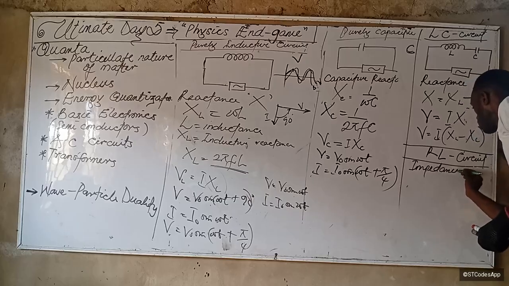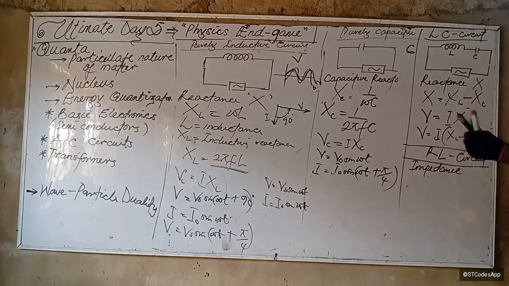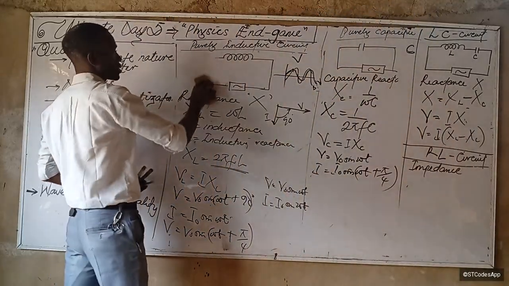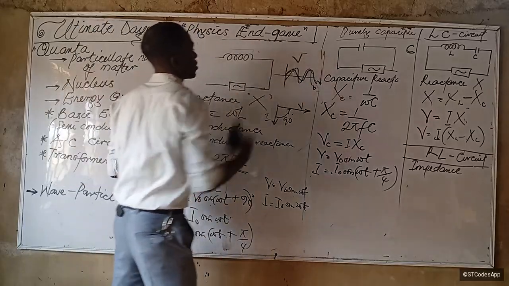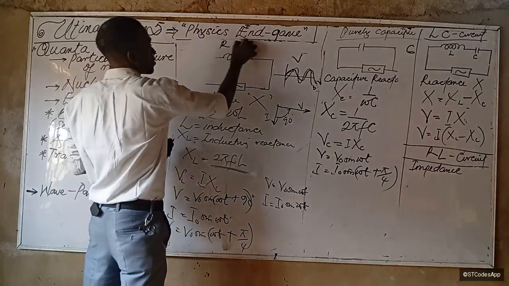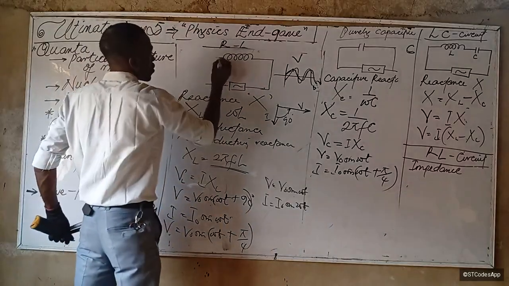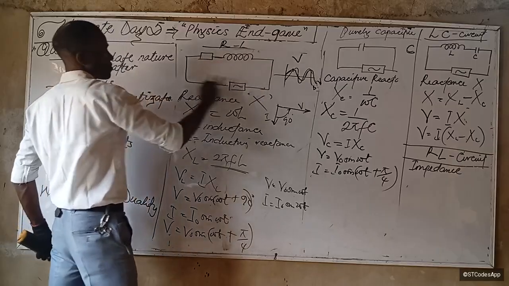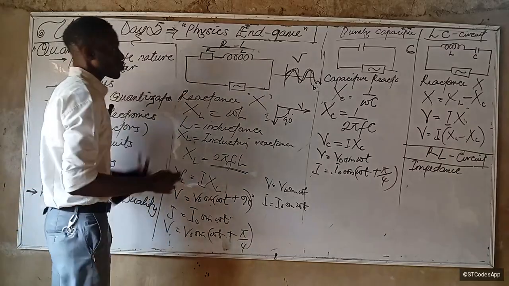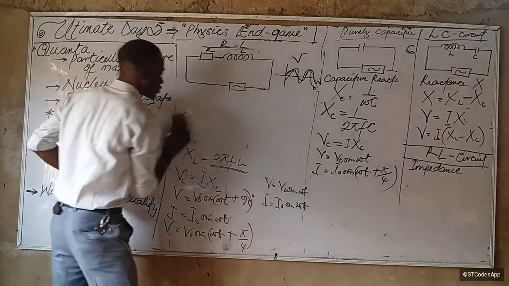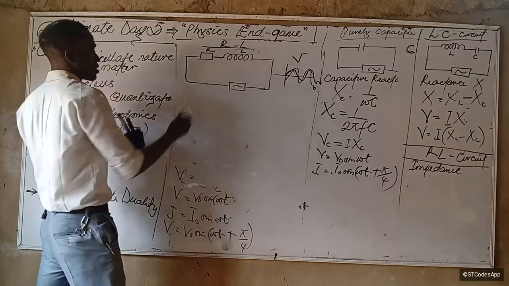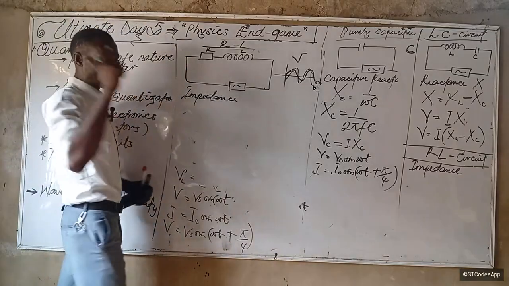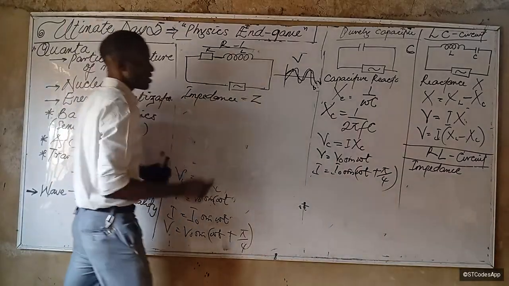So let me draw that here. We have the RL circuit, with our resistor here, and then this is our L. In this case, opposition will be termed impedance, like we said, and the impedance is denoted by Z.